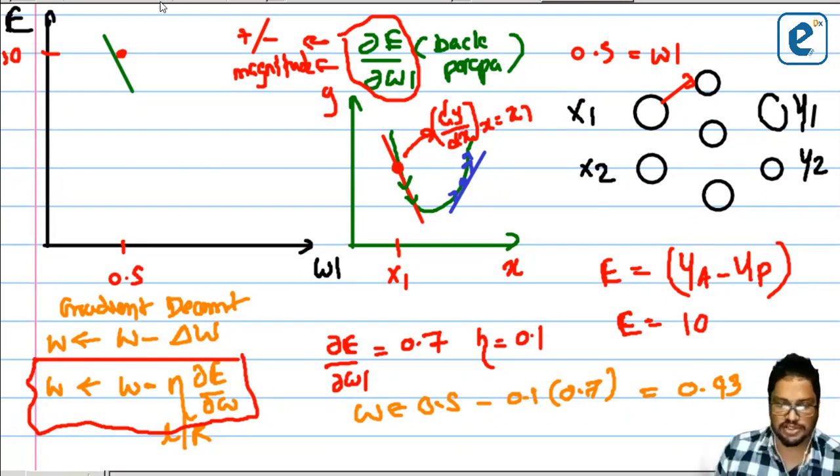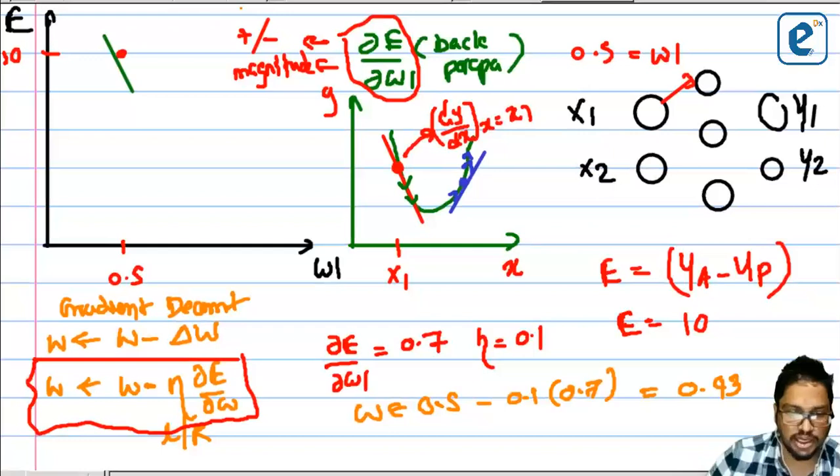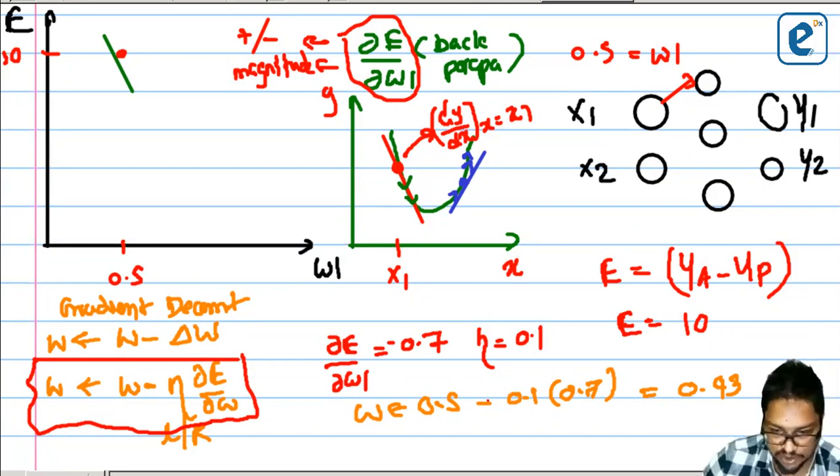So that means it asks us to change it. Sorry, it should be plus. Sorry, this should be a negative gradient, so it should be negative. So that means we have to add it here.